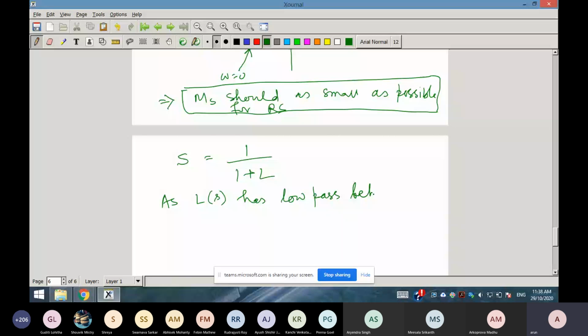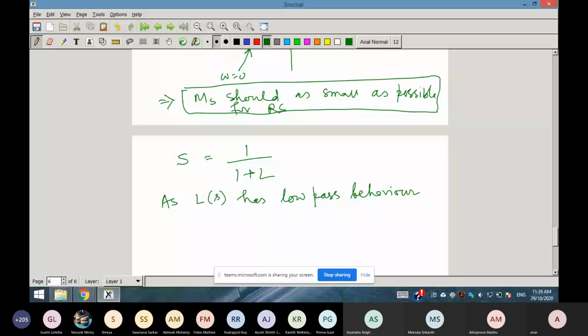Why does L have low pass behavior? Because most physical plants are strictly proper in nature, and the controller is biproper or bicausal. So L is always a strictly proper transfer function, and that's why L has low pass behavior.